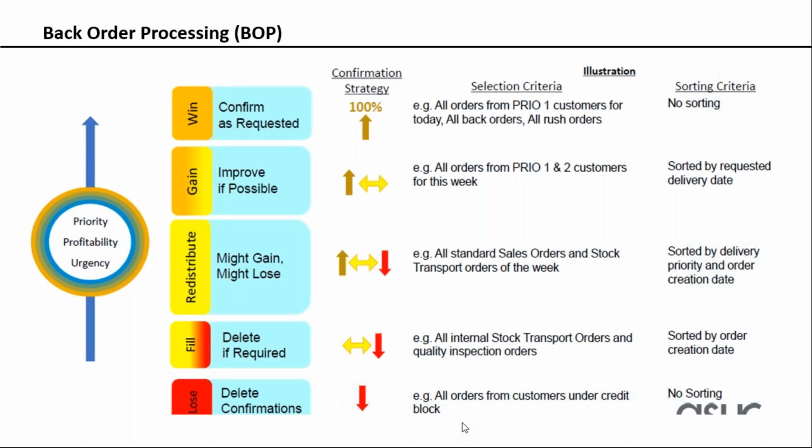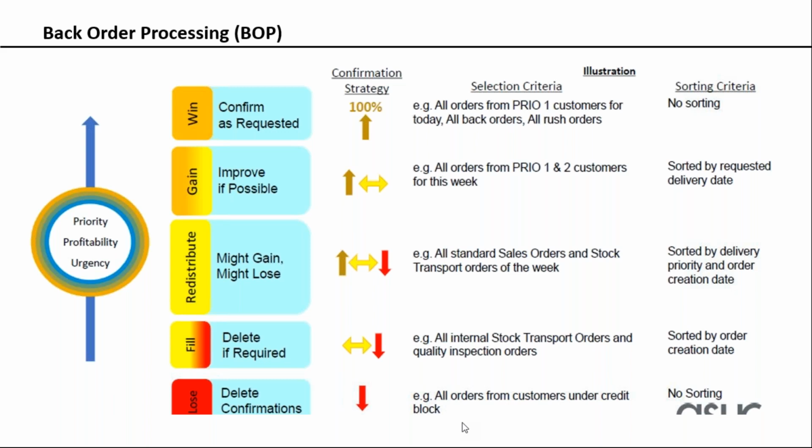Next, improve if possible. Say, for example, the customer requested 50 quantity, but only 30 is available and 30 is confirmed. During the BOP run, the system will check whether additional inventory is available to meet the remaining 20 quantity.